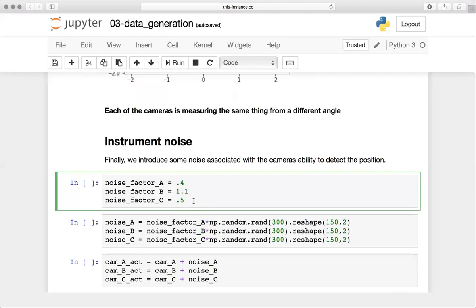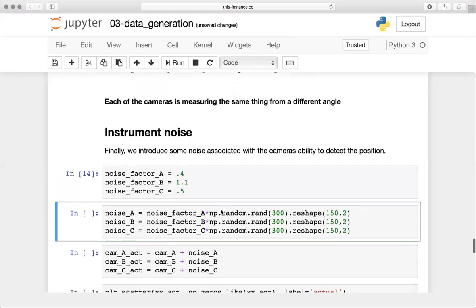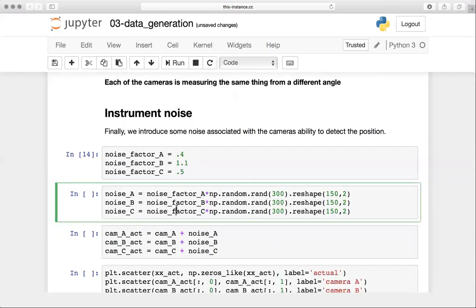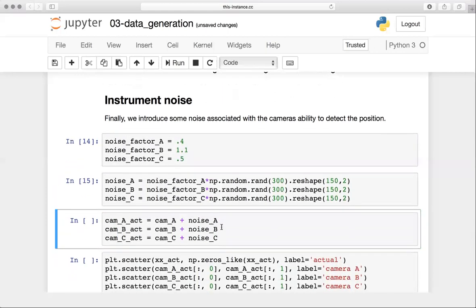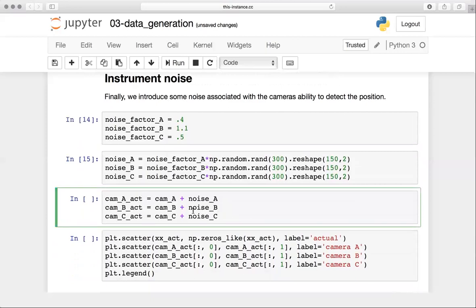We're seeing how I'm creating the data right here, but you could imagine in reality, you might not even know at the beginning of an experiment which of your cameras were good and which were not so good. So here I'm going to add the noise factor in. And then I'm going to add the noise associated with each camera to the camera A, camera B, camera C data.